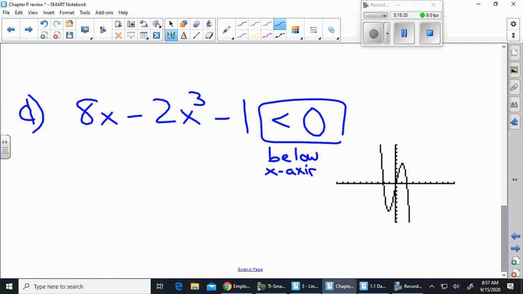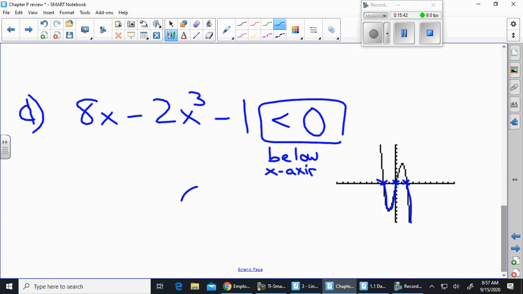So you think, well, trace your graph from left to right. The first part is above. This part is below. This part is above. Two separate parts. So if I think left to right, first, second, third, 0.